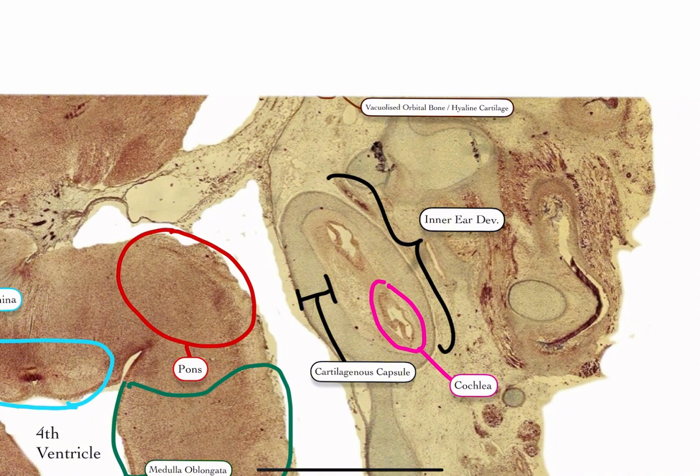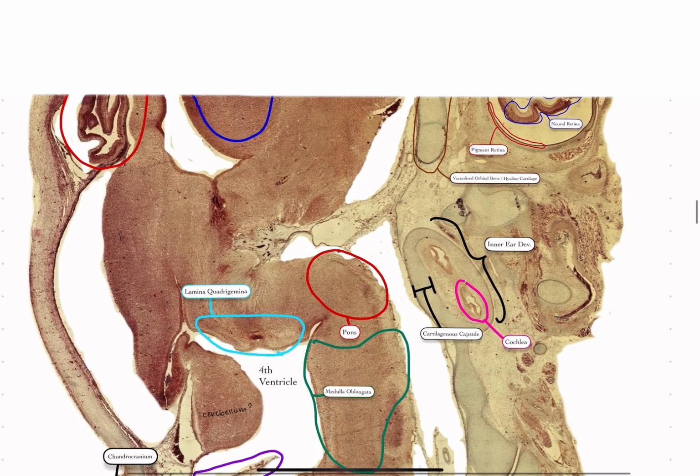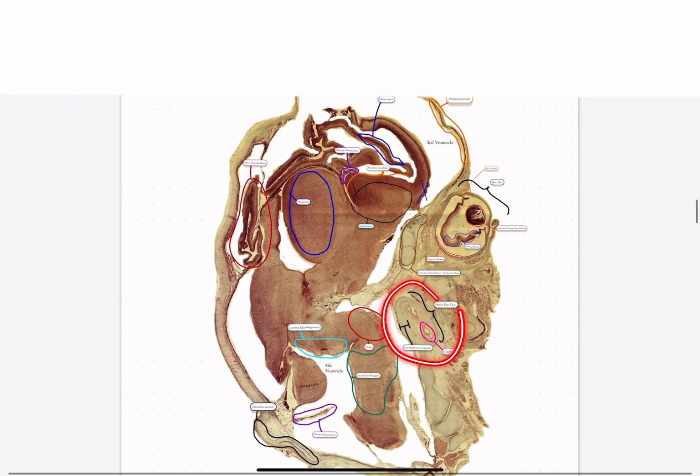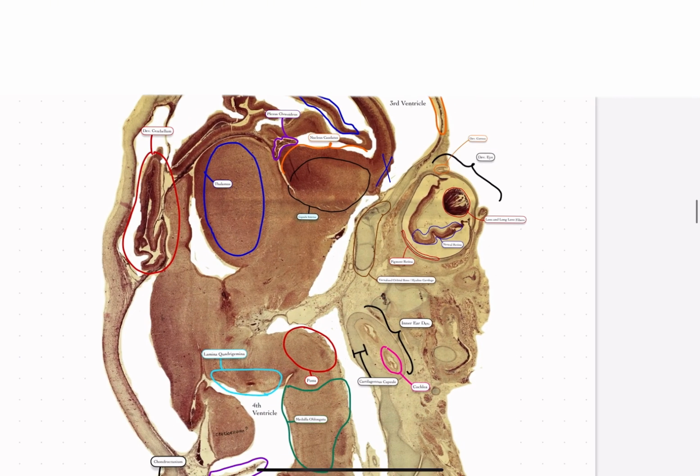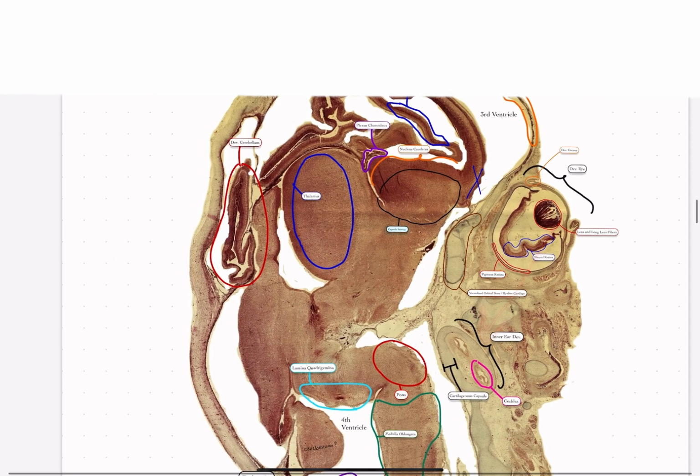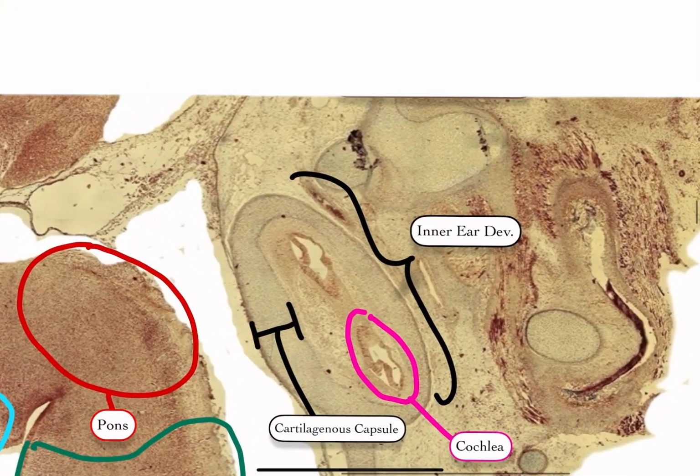So all of those different individual structures we're going to cover. But to give you a general tip, the inner ear obviously is towards the ear portion of the face. It's towards the bottom left of the eye, and it's covered by this area called the cartilaginous capsule.